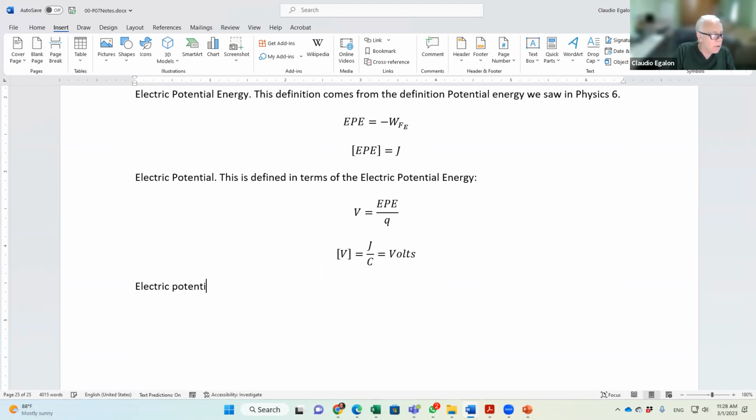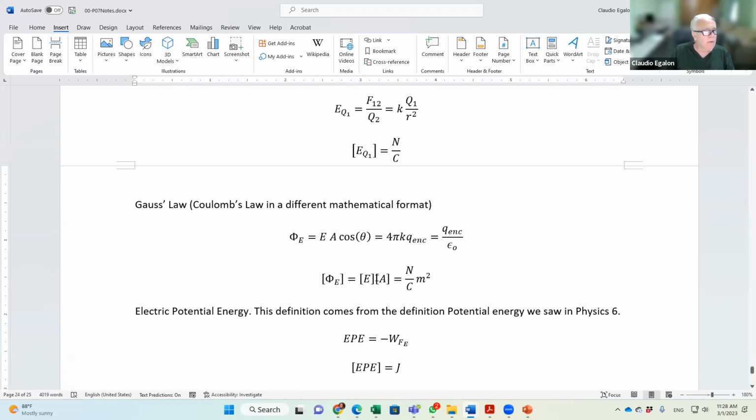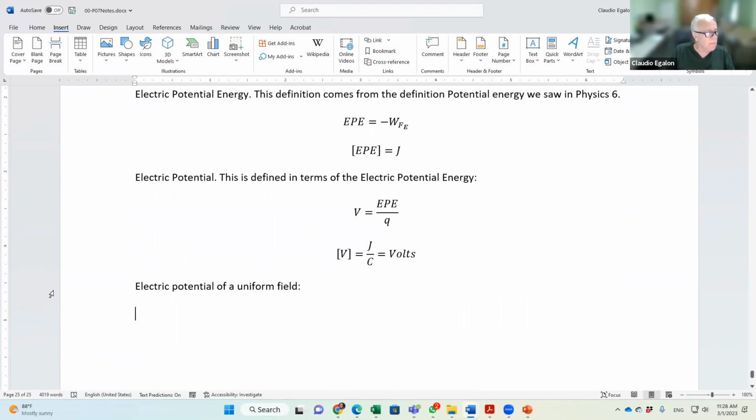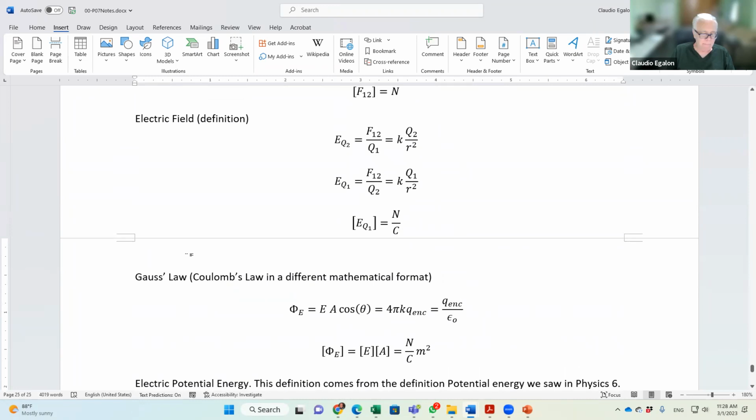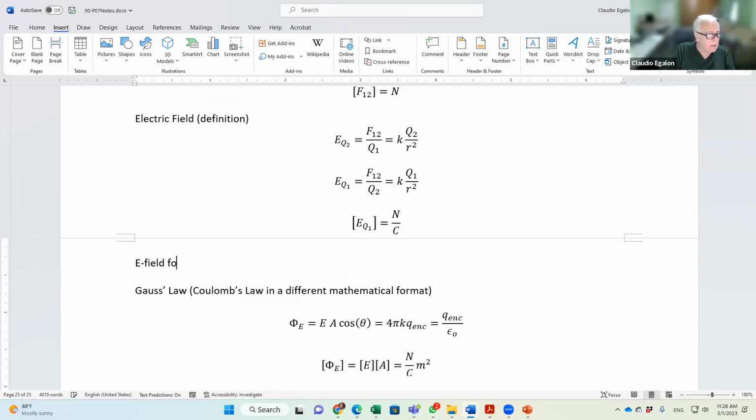Okay. Electric potential of a uniform field. Oh, before we go there, let me fill up some other formulas here. E field for a very large charged planar plate.